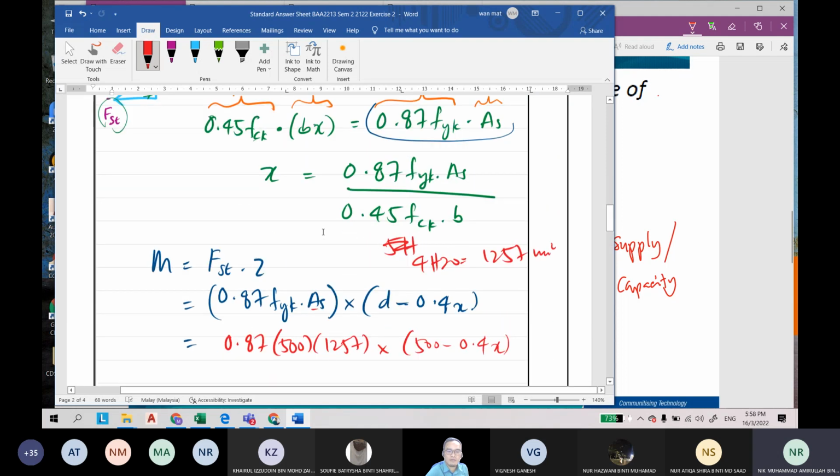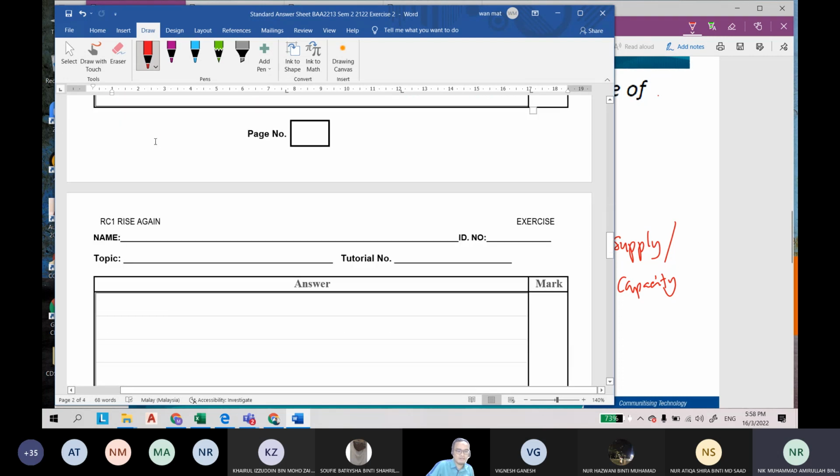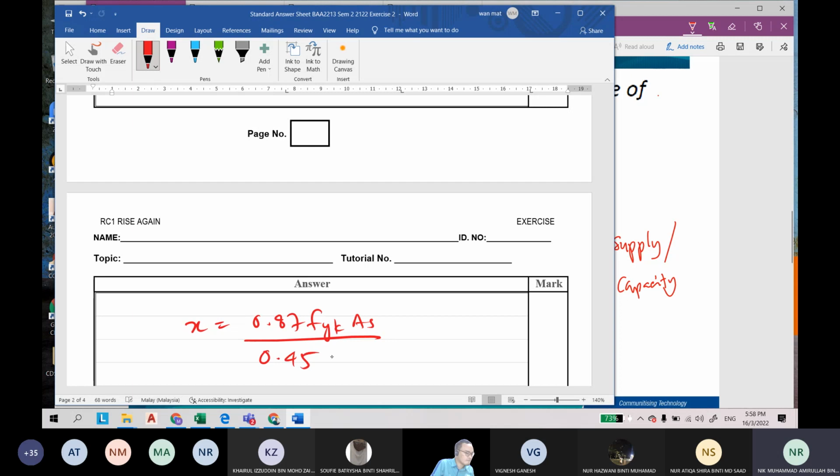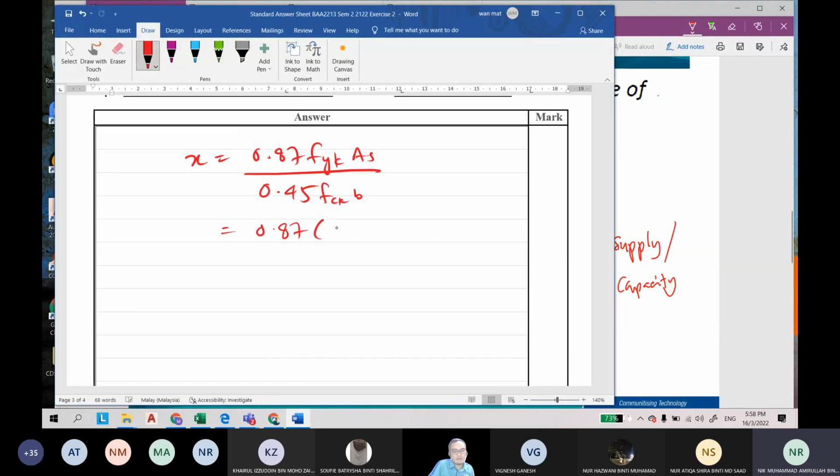Sorry, for this case, we must find the value of x first, right? So find the value of x first. X is equal to 0.87 FYK times AS divided by 0.45 FCK B. So equal to 0.87 times 500 times 1257 divided by 0.45 times FCK.